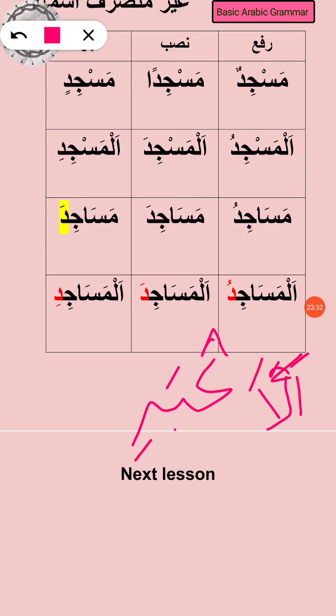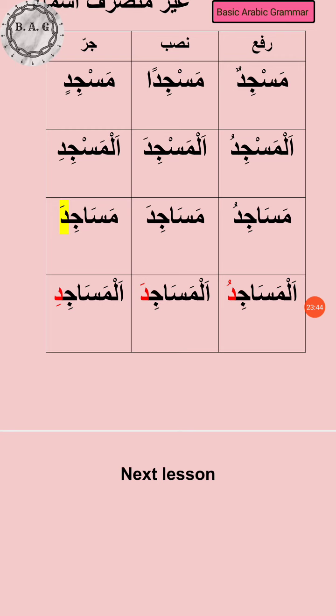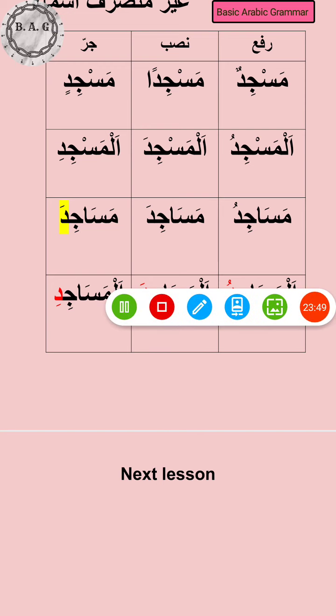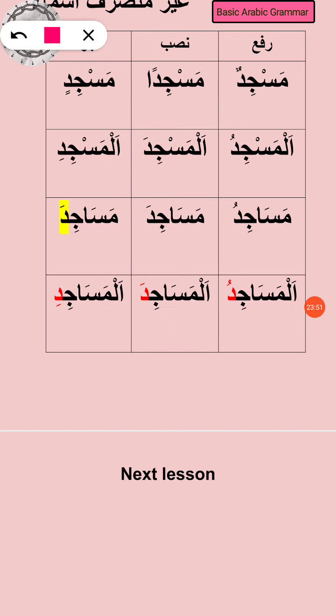And if I were to remove this al, then it would be akbaru, akbara, and akbara, not akbari. Okay, so we're going to study way more examples of this ghair munsarif ism, inshallah, in the days to come, and therefore you don't need to worry about it. Just remember one point, that a ghair munsarif ism does not accept a zir or kasra in its jar form, but if we add an al to it, it does, like this. Okay, so that's the important point.